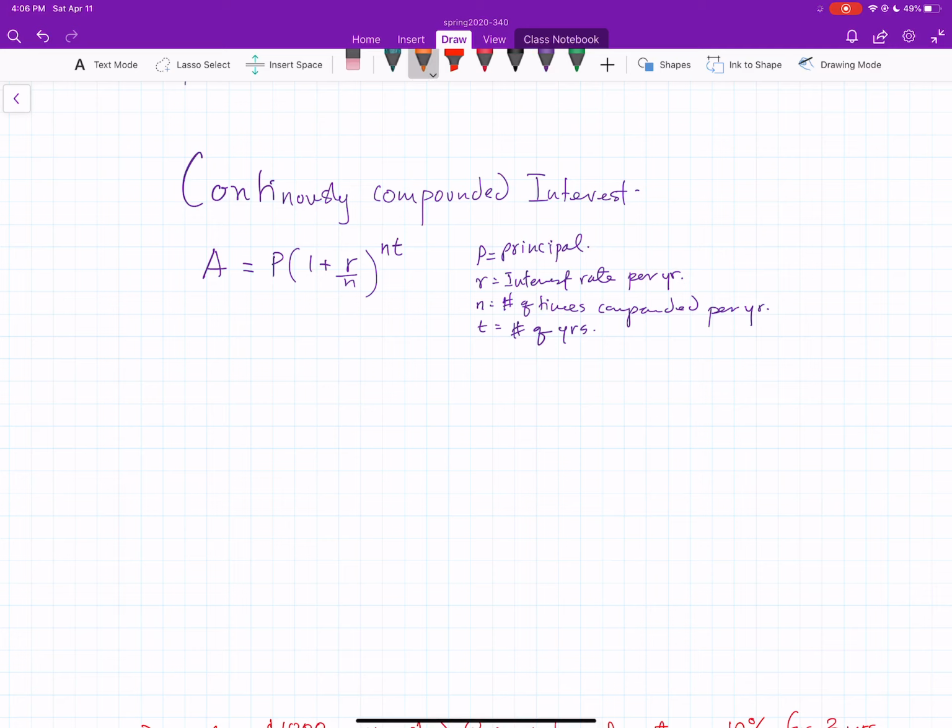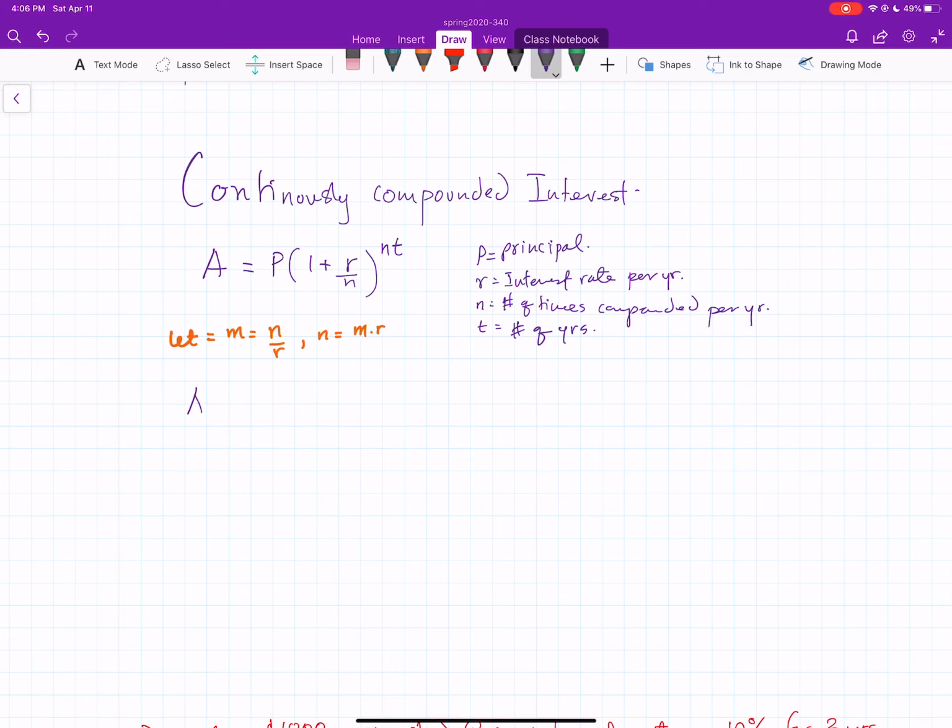So let's do this. I'm going to assume this definition. I'm going to let M be equal to N over R, meaning that N is the same as M times R. Okay, so now let's see what we have here.